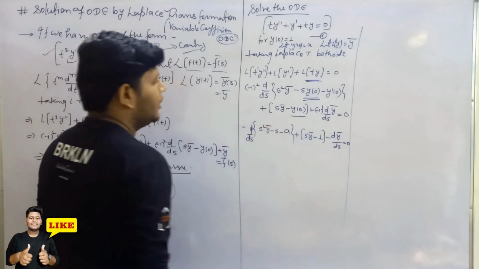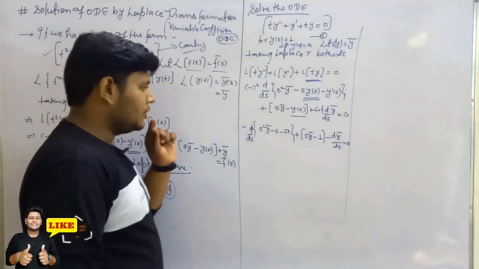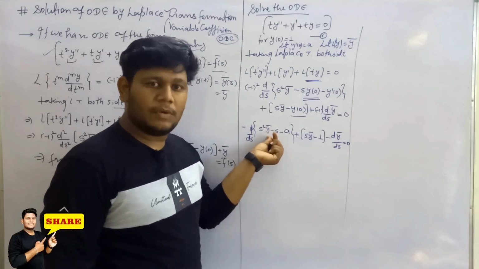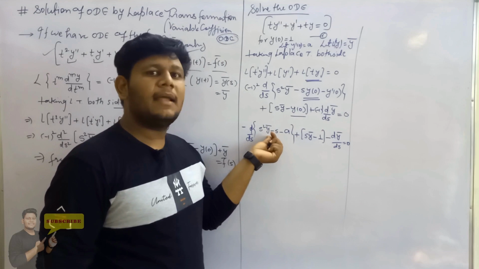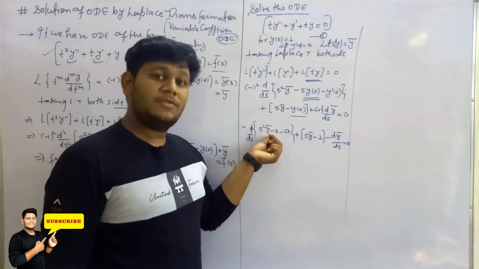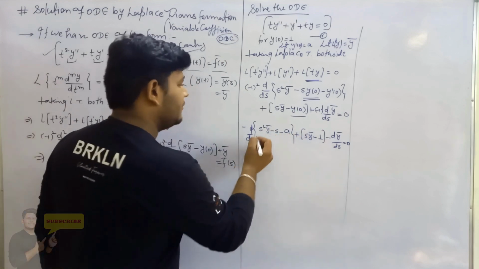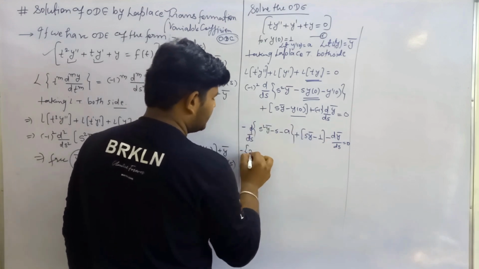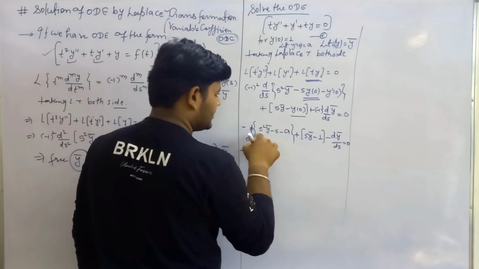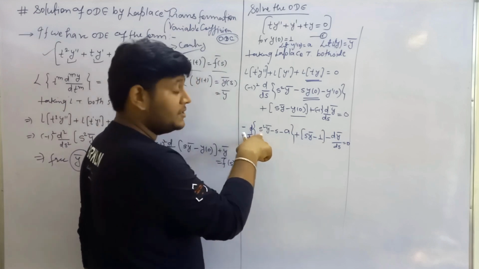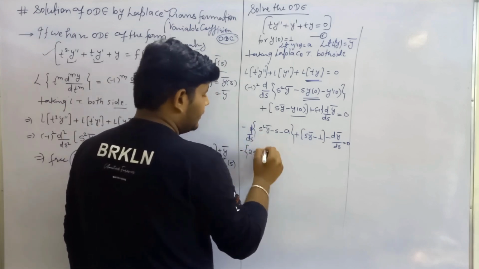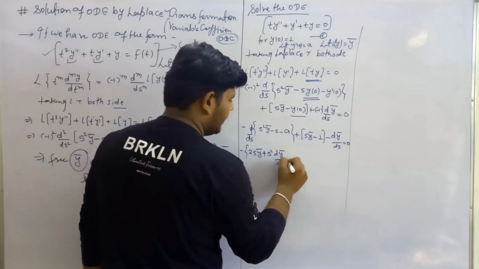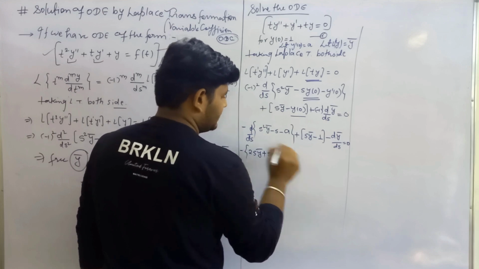We will differentiate y bar with respect to s. Remember, y bar is a function of s, so y bar is also differentiated in this term. Here we will use the u into v formula. So minus, on putting the derivative here, this will be 2 s y bar, firstly differentiating s square, and then plus s square dy bar over ds, minus s, it is 1.